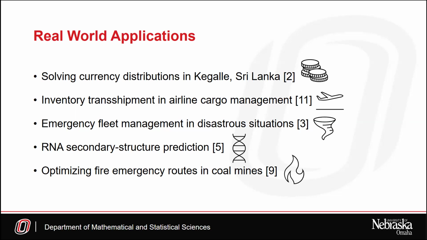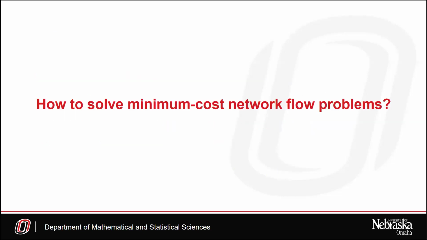And then there's optimizing fire emergency routes. So if you have coal mines that break out in fires, what's the minimum paths needed to have them escape the said mines? Anywho, these are very, very large problems, and putting in the linear programs isn't fast enough. Therefore, we need to find some other solution methods.